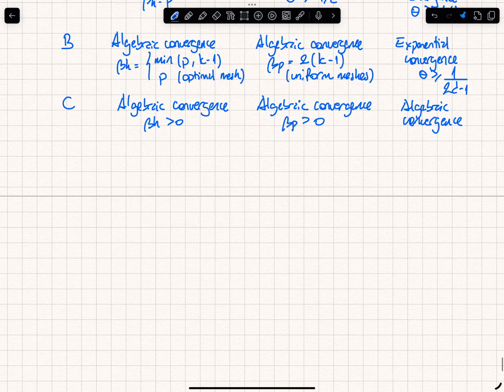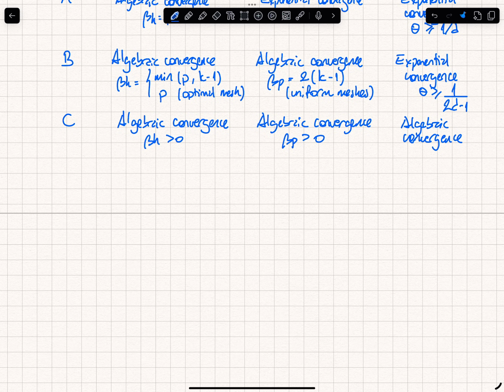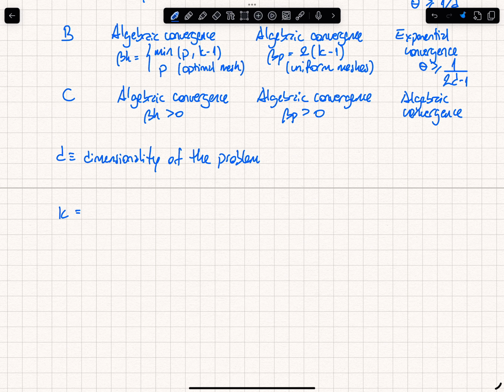Okay, just to complete the table, here D is the dimensionality of a problem. And then K is the order of the Hilbert space U lives on.